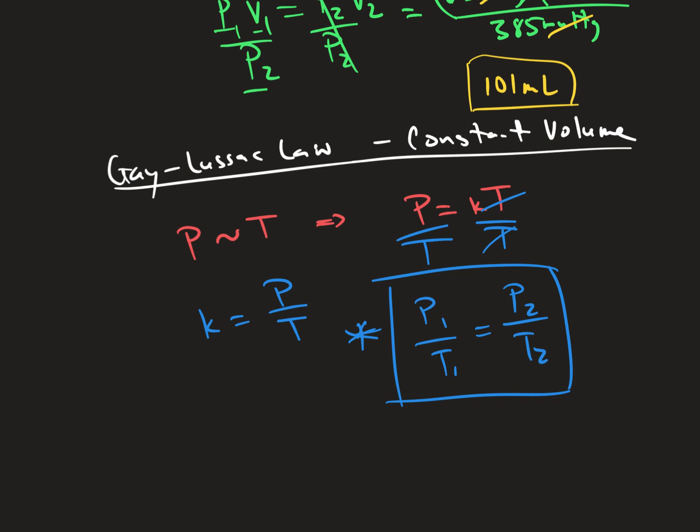So again, you don't have to be able to come up with this. I'm just showing you what we know and what equation we can come up with. And since the volume is our constant, that's our constant volume right there.